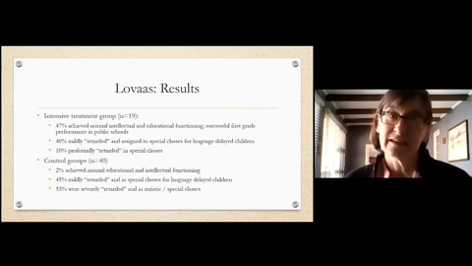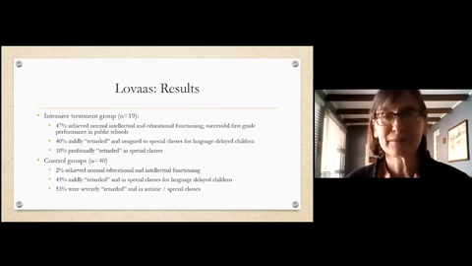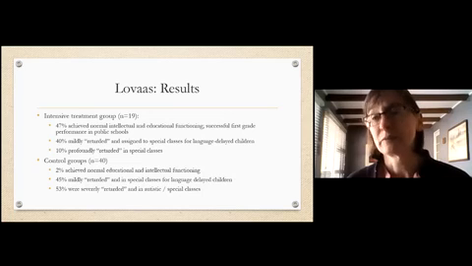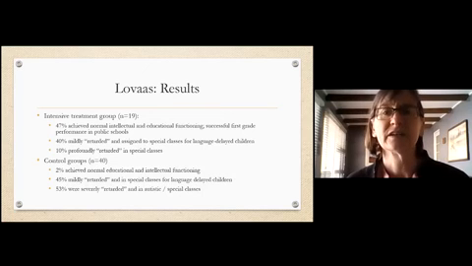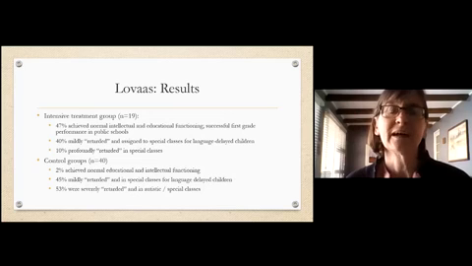But another proportion, and I say proportion in inverted commas here because these are not terms that we use today, were mildly impaired and assigned to special classes for language-delayed children, and 2 children were still profoundly impaired and were in special classes. So even that 40 hours a week did not help those particular children. And then they lumped the 2 control groups together.